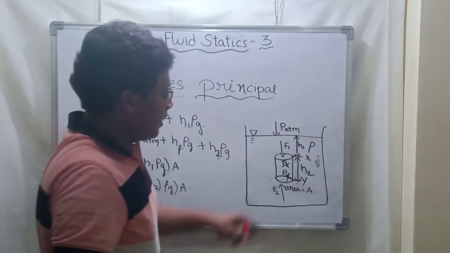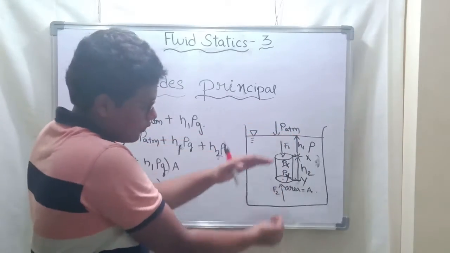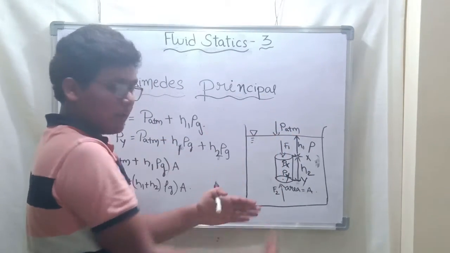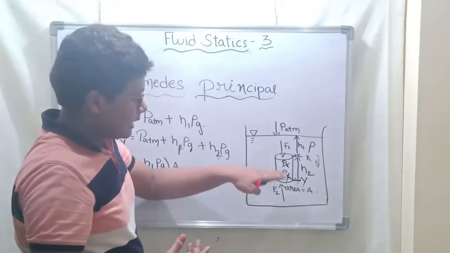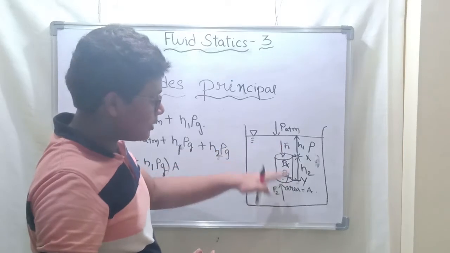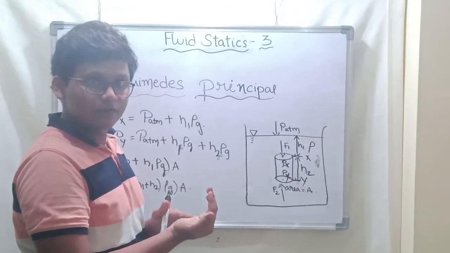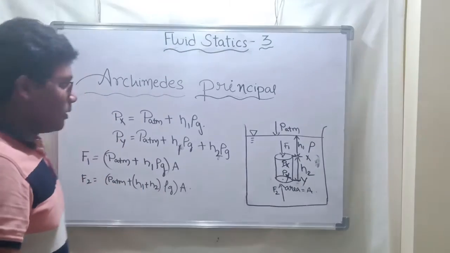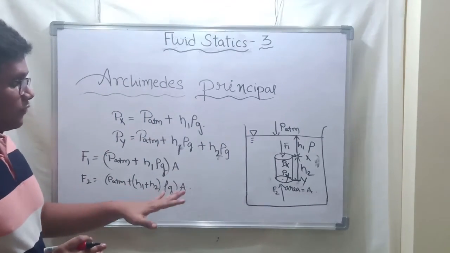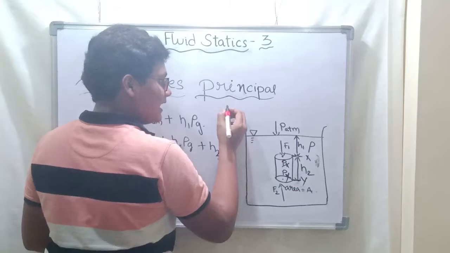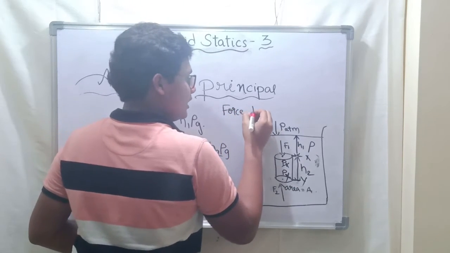See, force of buoyancy means here force is acting from downwards by the liquid, and F1 is acting from upwards, but F2 will exceed this, because here the pressure will be more. So that is the buoyancy force.